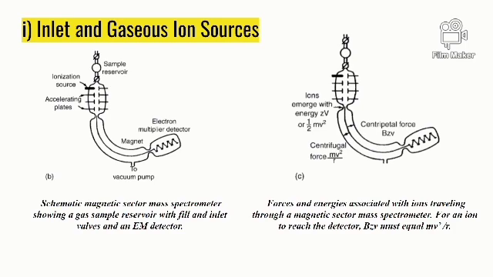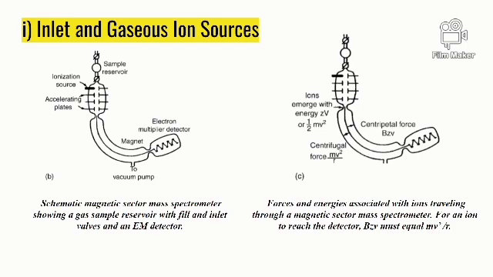The ions are then accelerated in an electric field at a voltage, and the energy of each ion is equal to the charge times the accelerating voltage. The energy acquired by an ion on acceleration is kinetic energy.